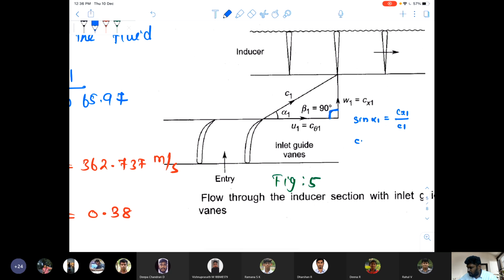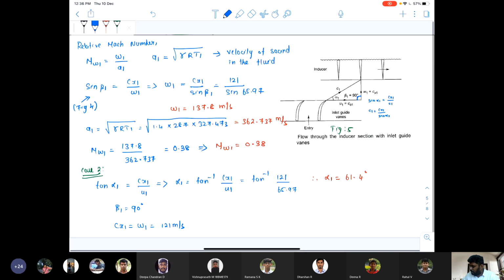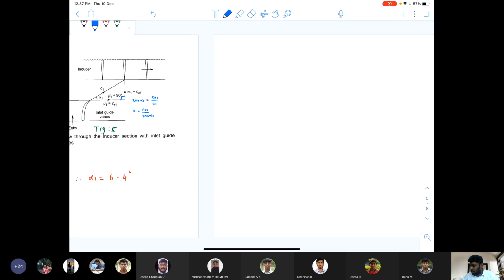From this, C1 will be equal to Cx1 divided by sine alpha 1. We know Cx1 is 121 and alpha 1 is 61.4 degrees. By substituting both values, you can find the value of C1.